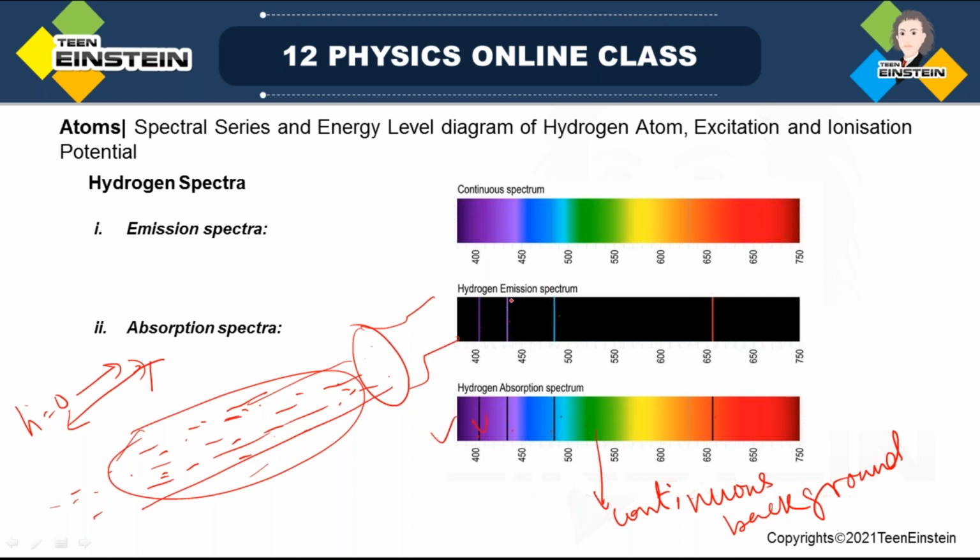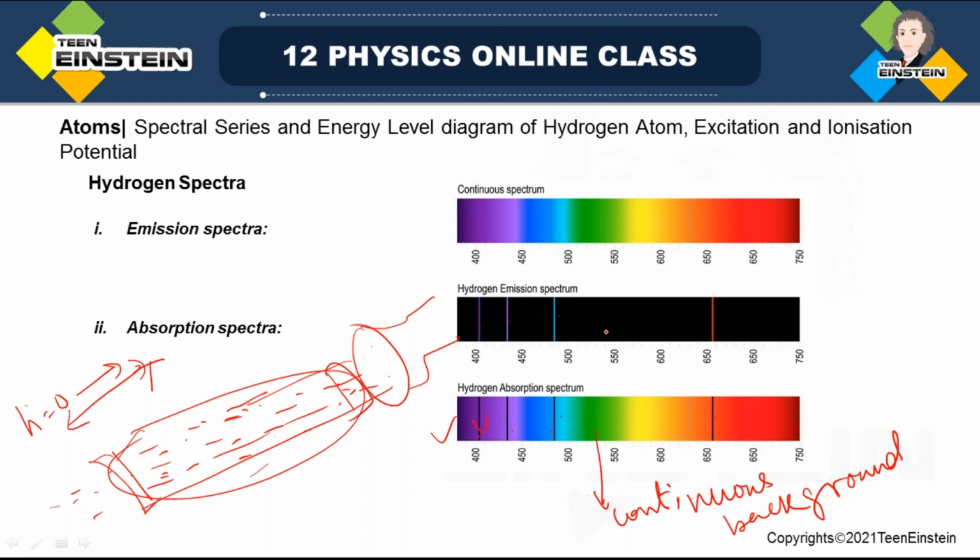In the emission spectra, we take a tube like this with a rarefied gas, and then we apply high electric potential such that electrons go to the excited state and then come back to the ground state, and by that it will release energy. In absorption spectra, electrons were absorbing. In emission spectra, the electron comes from a higher excited state to a lower state, so that's how it emits the energy.